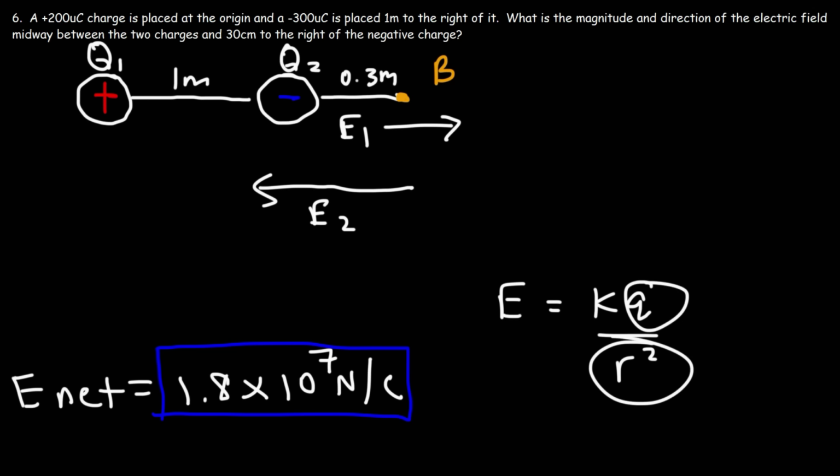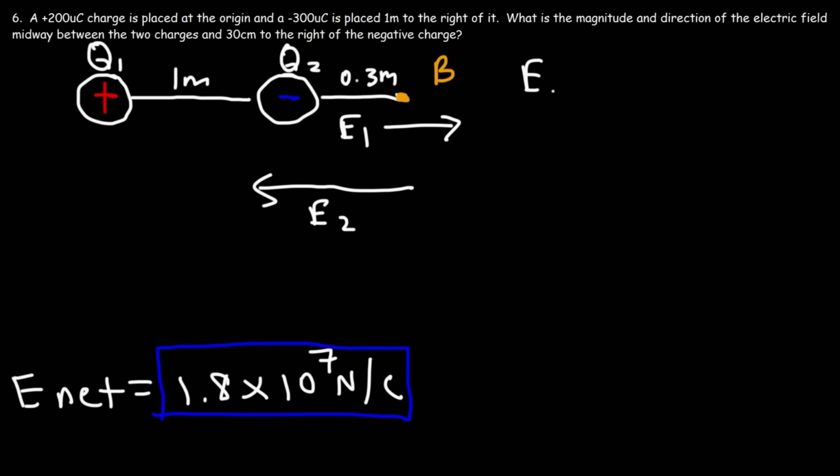But the distance is squared, so the distance has a greater impact than the charge. But also, Q2 has a bigger charge than Q1. So those are two factors that favor Q2 over Q1. Point B is closer to Q2, and Q2 has a greater charge magnitude than Q1. So therefore, we can conclude that E2 is going to be bigger than E1.